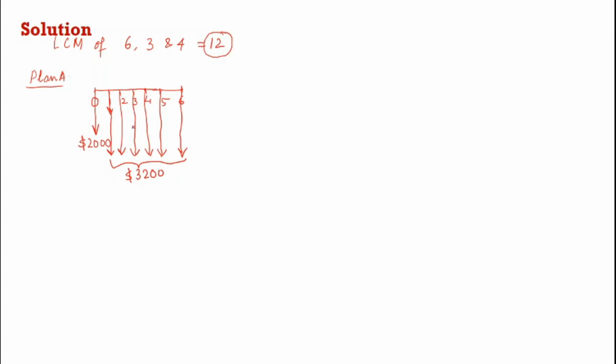So if I just find out, forget about the 12 years of economic life, what I am interested in, I will be solving it in 2 ways. So if I just find out the present worth of this cash flow.